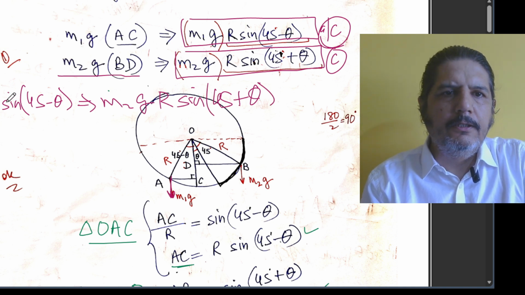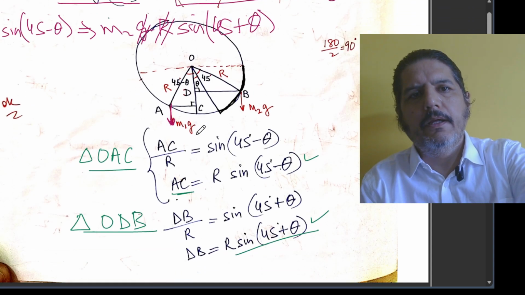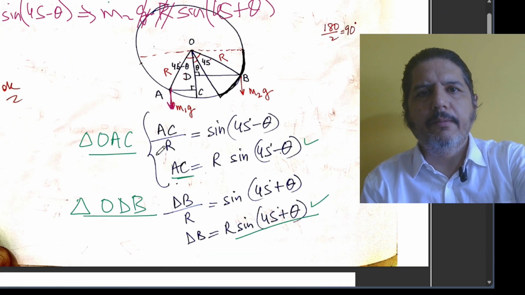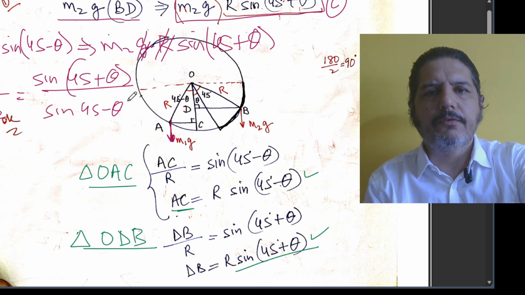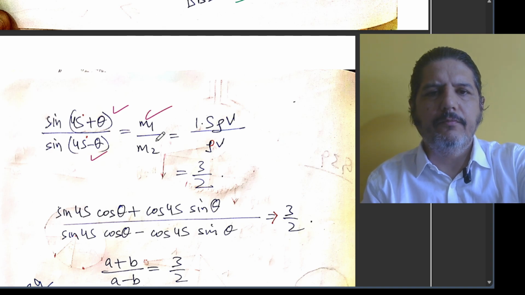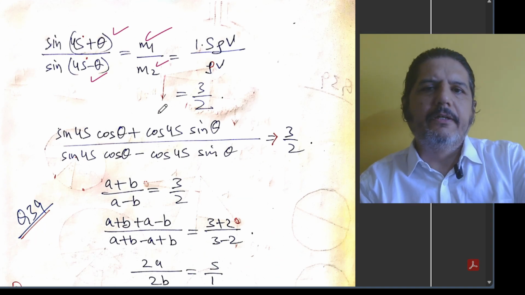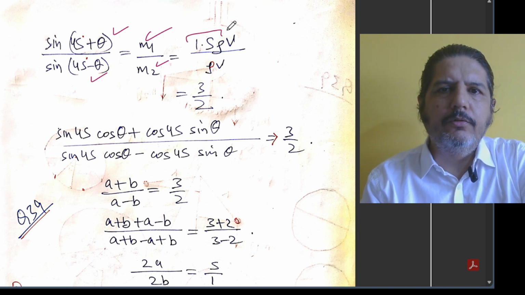Now, if you see, this g r will cancel, and my m1 upon m2 would be equal to sine (45 plus theta) upon sine (45 minus theta). And in terms of densities, because I have been given density, what I can write is 1.5 rho into the volume. The volumes are the same.